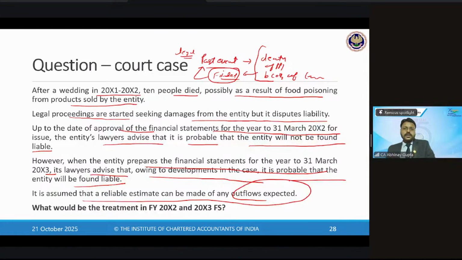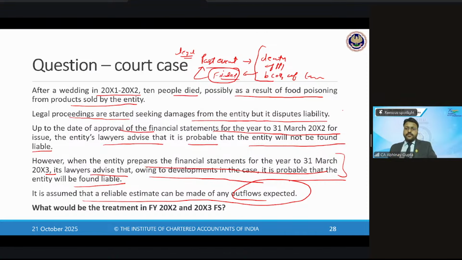Yes. So there is a past event and there is a legal obligation. Now, this legal obligation is present depending on the facts, whether the company expects any outflows to be probable. So, on the basis of the facts given in the question, in 2001, lawyers advise that there is no probability, right?